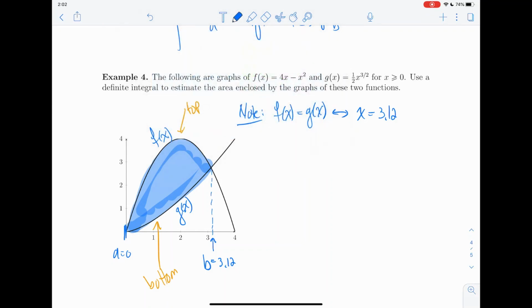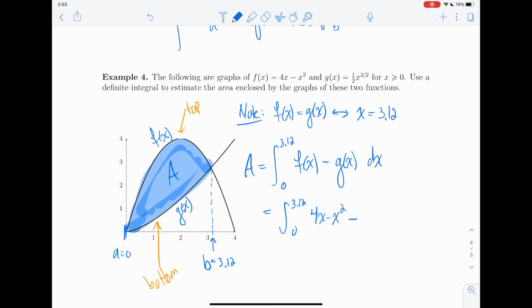And so therefore, if I give this area a name, maybe I call it A, I'll find that A is written as the integral from 0 to 3.12 of the top function f of x minus the bottom function g of x dx, which is going to be the integral from 0 to 3.12 of 4x minus x squared minus g of x, which is 1/2 x to the 3/2, dx.